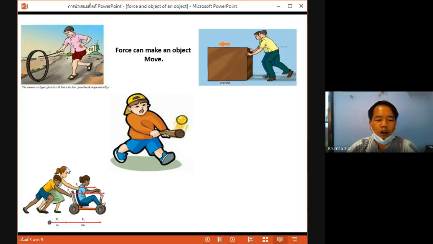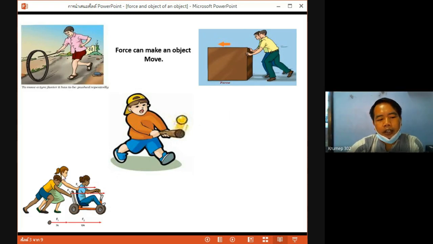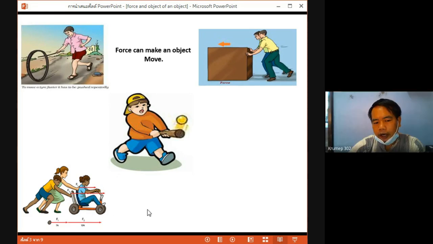And we have here also a boy and a girl. They are pushing. What is this? Bike, toy bike. Okay, so the boy and the girl are pushing the toy bike forward.